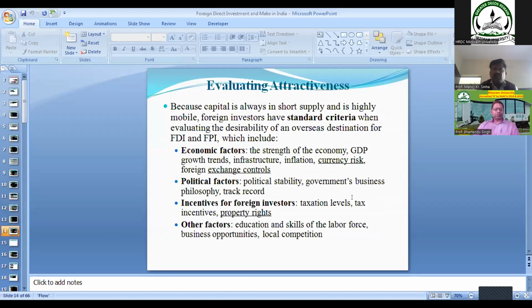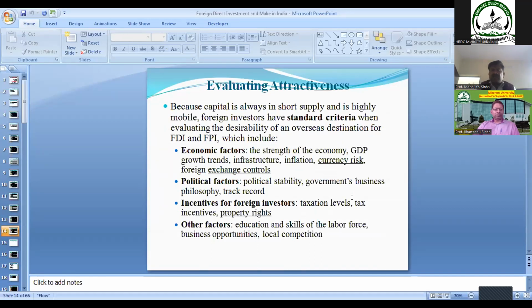Evaluating the attractiveness of foreign direct investment, or FDI, depends on the economic and political incentives for foreign investors and other factors, because capital is always in short supply and is highly mobile.